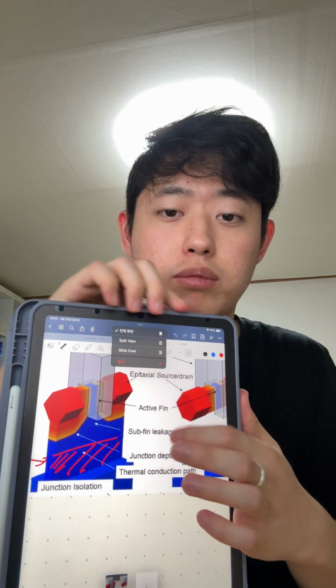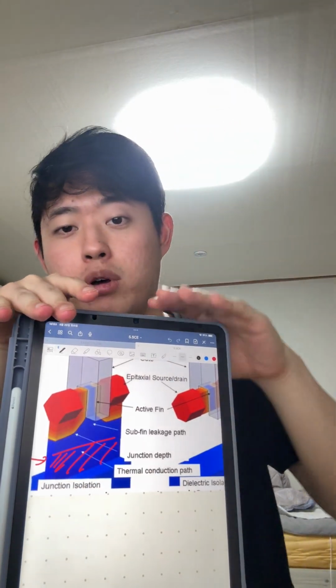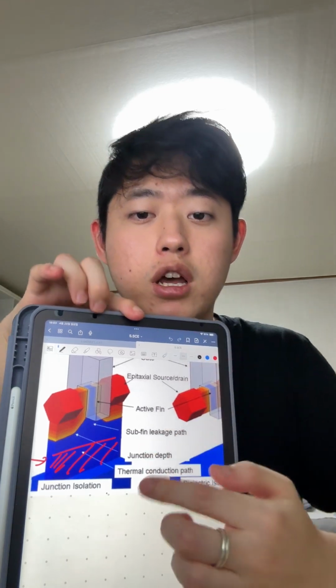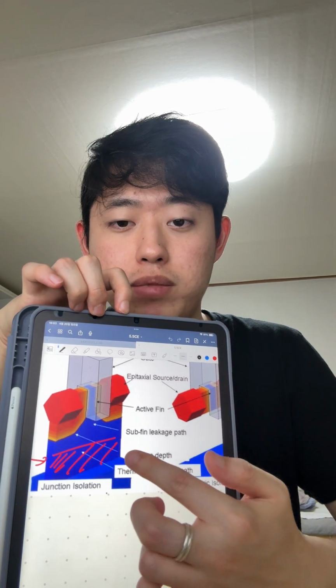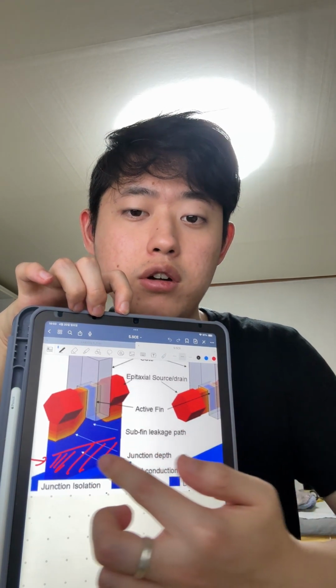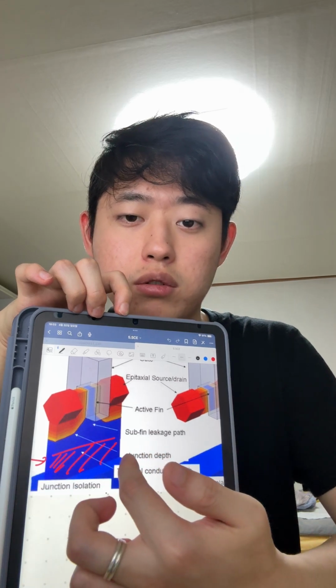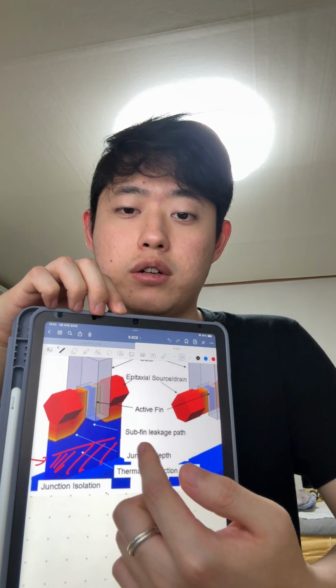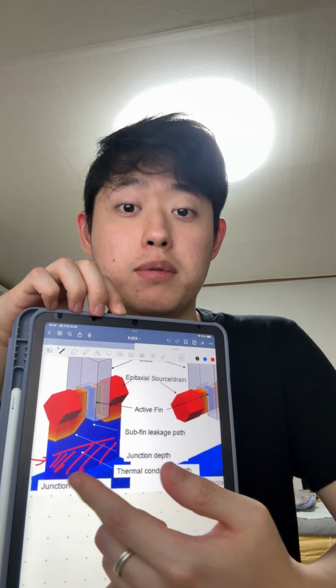And punch through can be prevented, because the body depth is very deep. So there is P-plus doping here, very high doping here, and they can prevent the punch through and DIBL. Okay, thank you for listening.